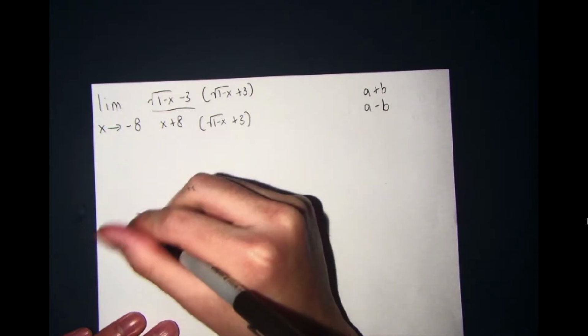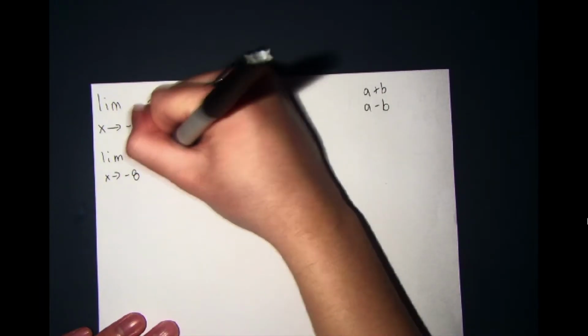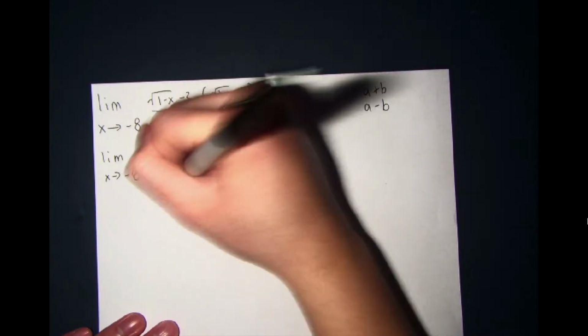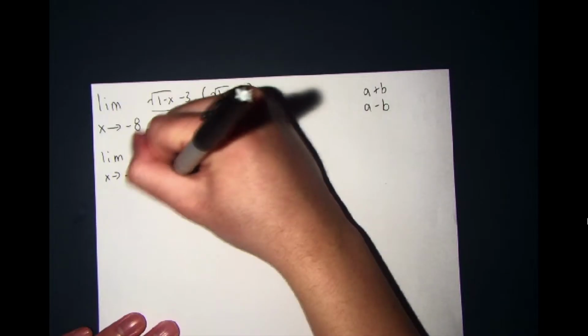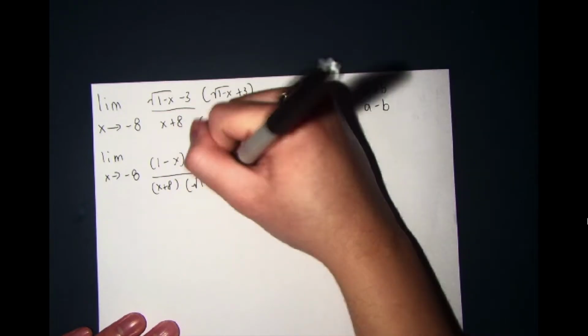Once you multiply that out, you should get limit x approaches negative 8 of 1 minus x minus 9 over x plus 8. You multiply that by the radical conjugate, so root 1 minus x plus 3.